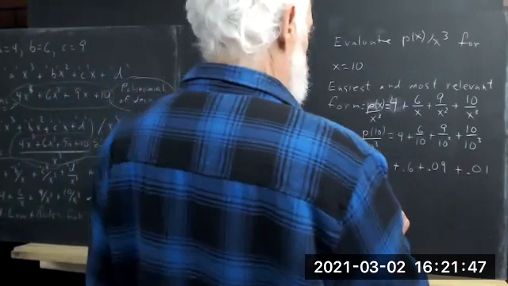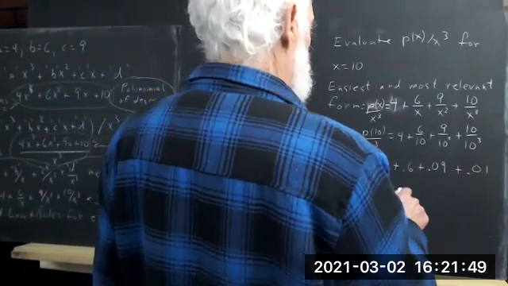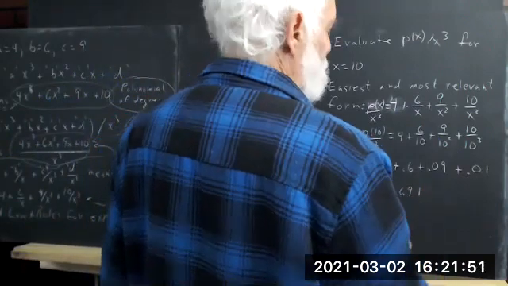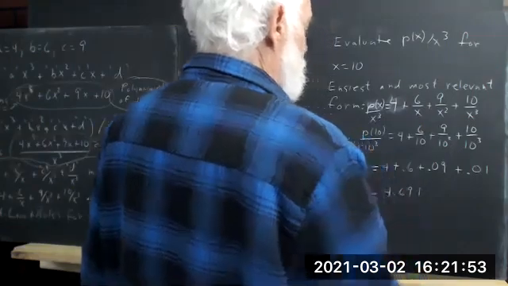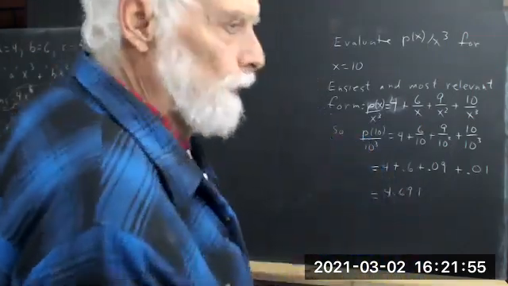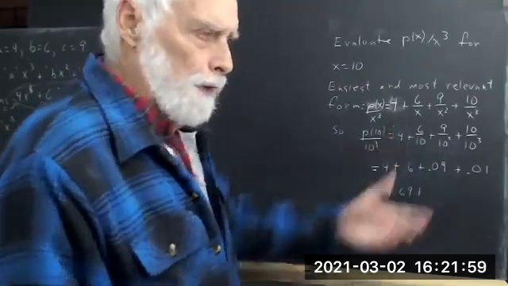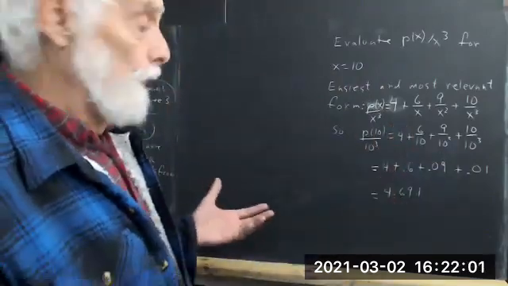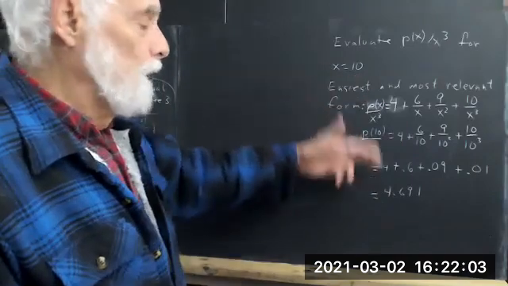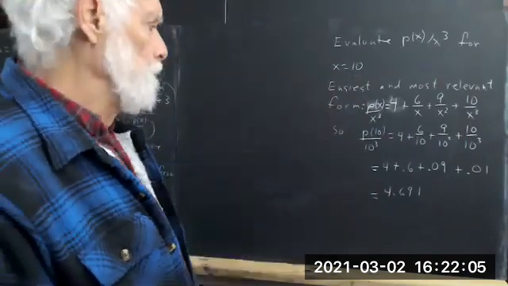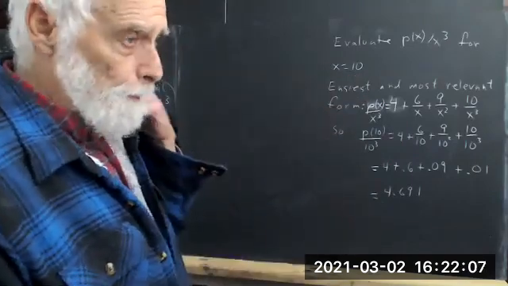Okay. Which is 4.691. Totally inappropriate to do this with a calculator. These are powers of 10. They're very easy to calculate with. And that gets us closer to the point of the exercise.